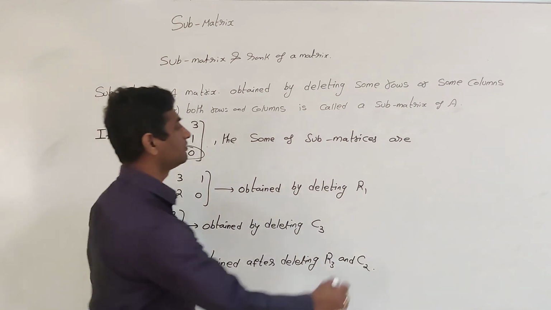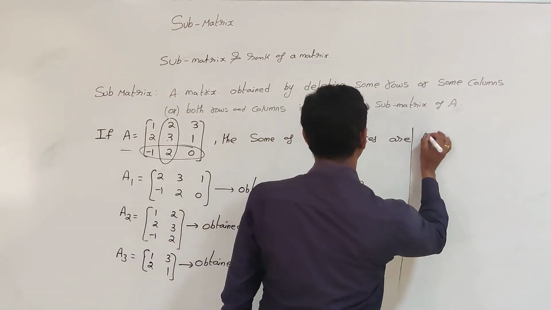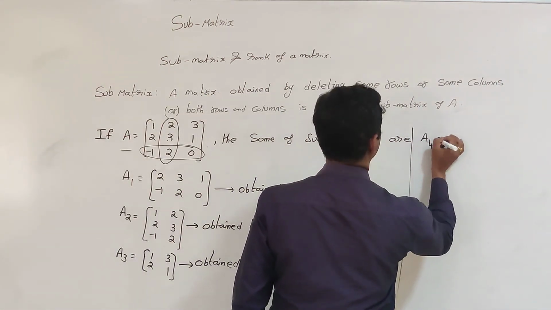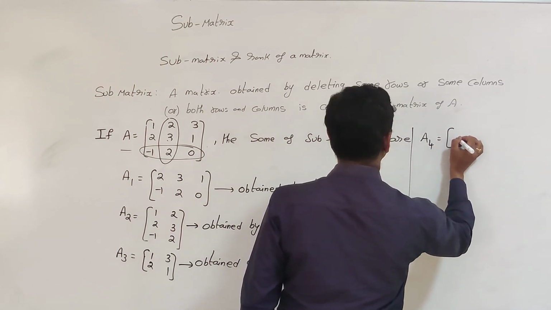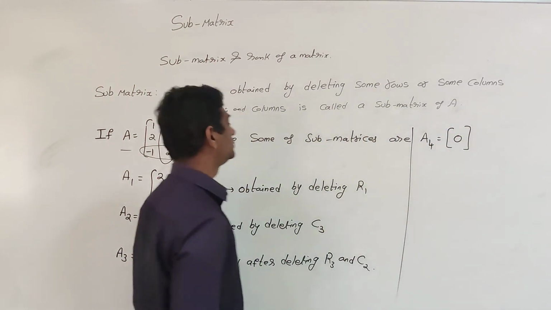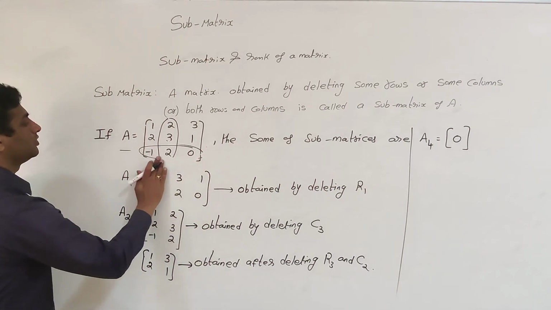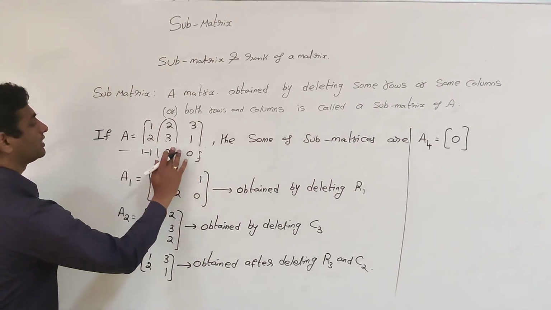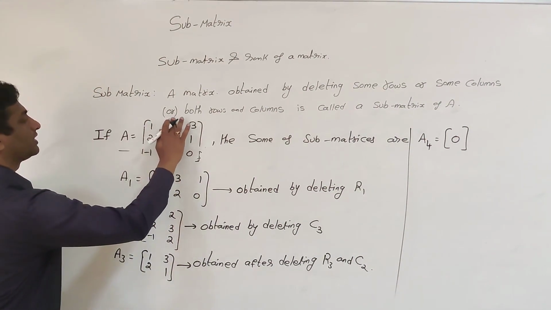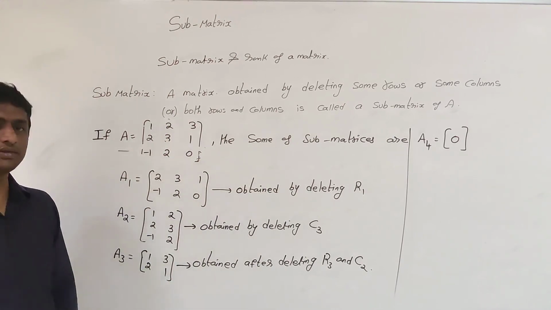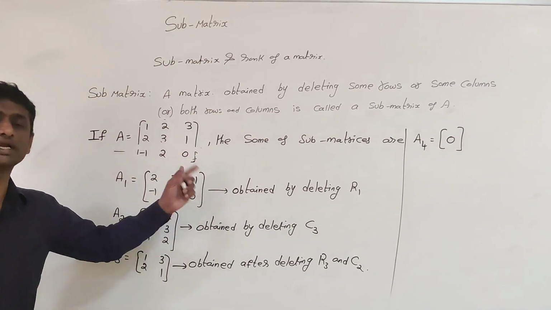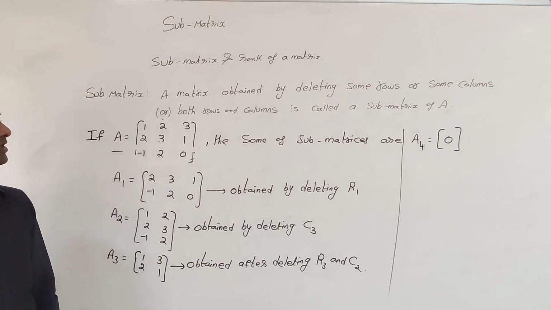Now we will see one more. A4 is a matrix of 0. How can we say that 0 is a submatrix of A? By what rows and columns deleted do you get 0?